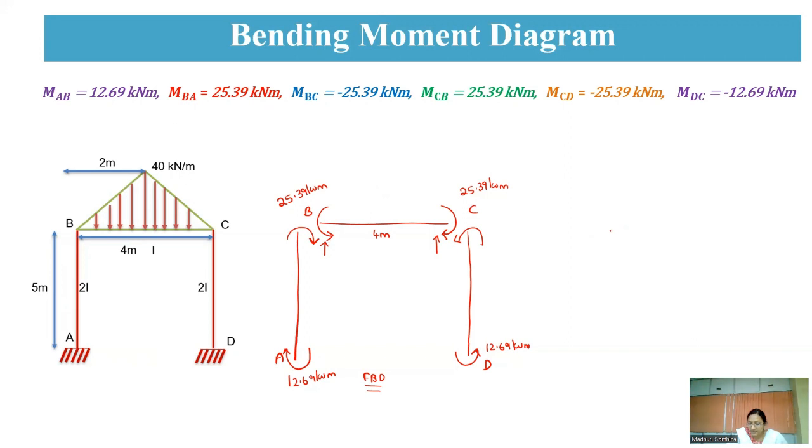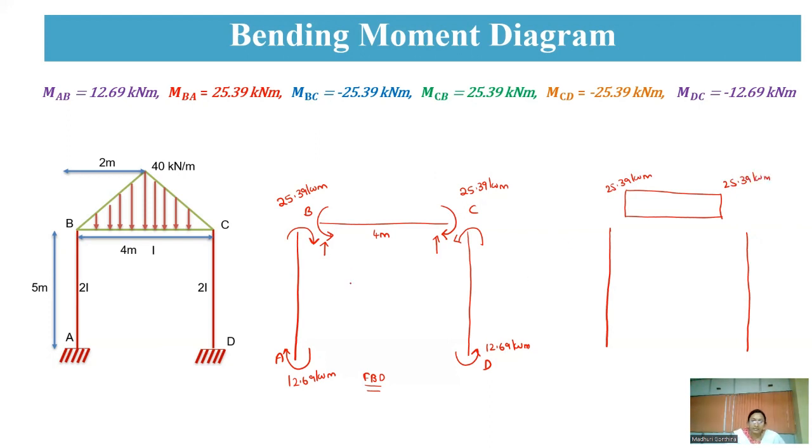So for these spans, here you are having both 25.39, 25.39, which is sagging in nature. So this is 25.39 kilonewton meter, and this is also 25.39 kilonewton meter.